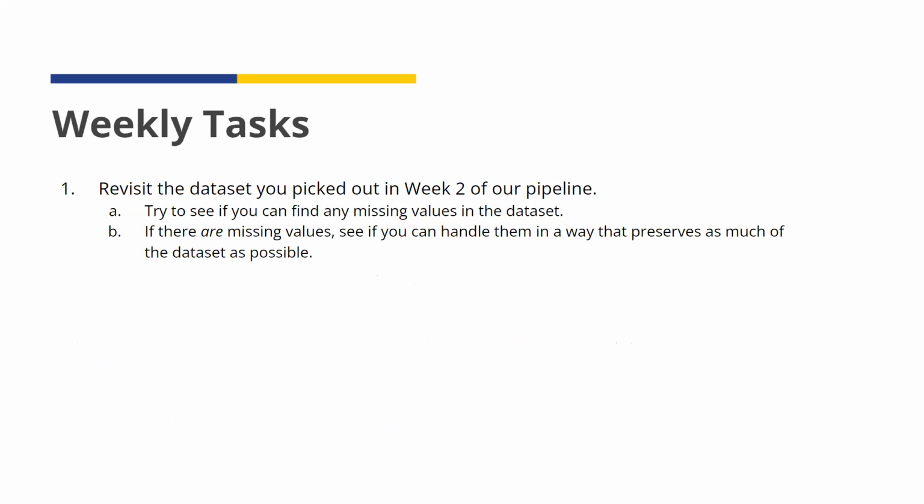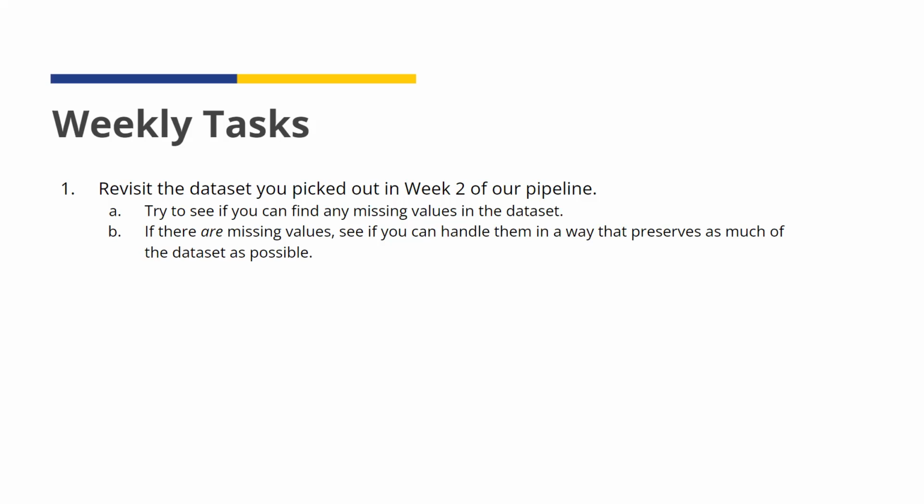I don't have too much for you guys this week because the terms are happening and everyone's busy. I know I am very busy as well. But the one thing I do want you to do, or at least try to do before next week, is revisit the data set you picked out in week 2. I asked you in our second week to look through some sort of data science database and find a data set that interests you. All this information is in our past slides too, if you need a refresher.